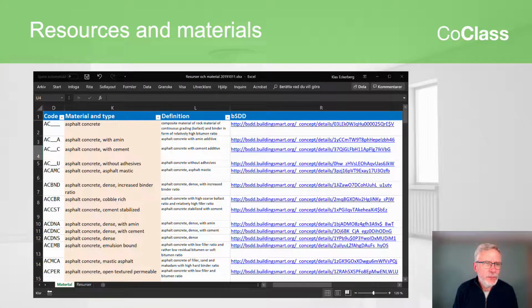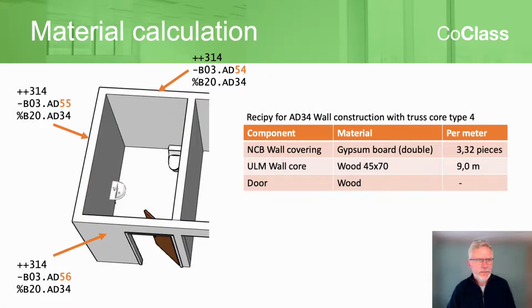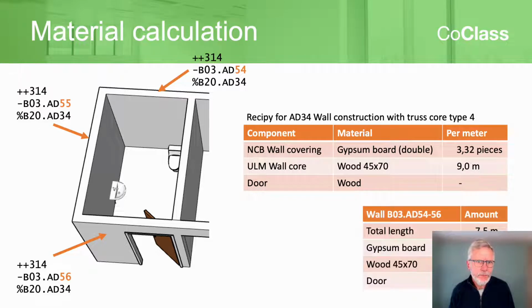And all of these are also put into the Building Smart Data Dictionary, so you see the links to that, which means that everyone using these tables can have a common source, a common definition of that material, which is important if you want to have quality data. You can have all the measurements needed for making the calculation, then the volumes, the weight and so on of different materials.